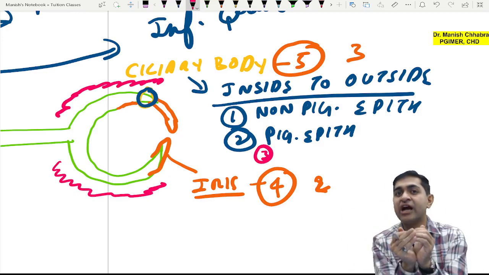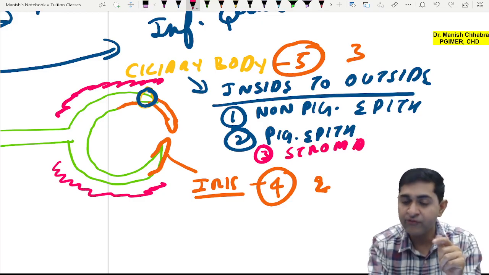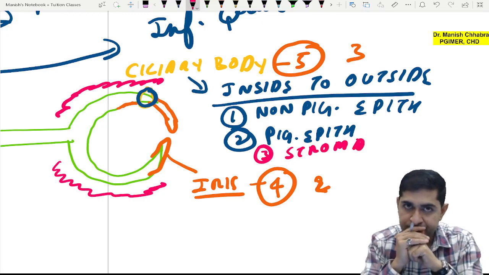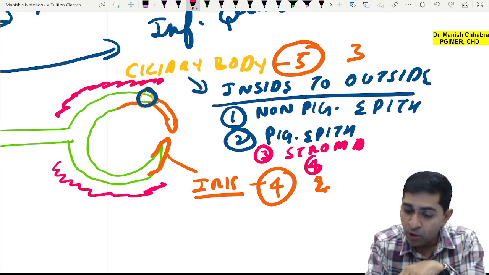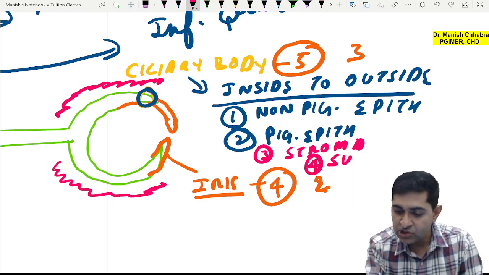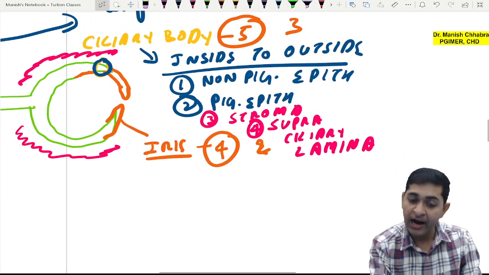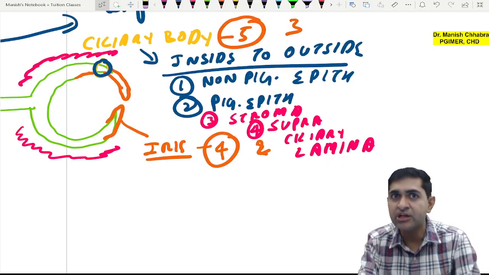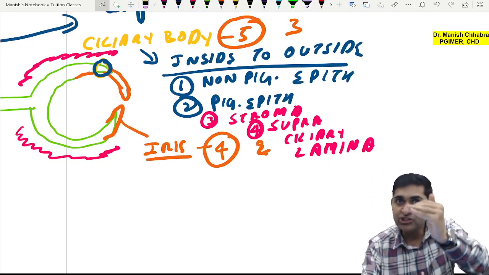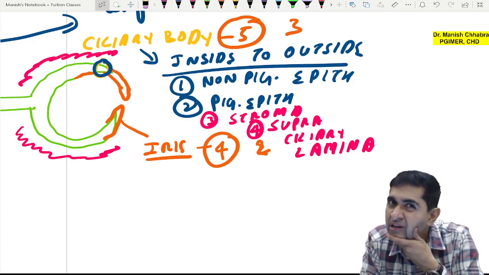Okay, this mesenchyme is going to form the stroma of the ciliary body, and the outermost wall of the ciliary body, you call it supraciliary lamina. So I told you how many layers of the ciliary body there are? 5. But how many layers have we written? 4. Sir, where is the 5th layer?